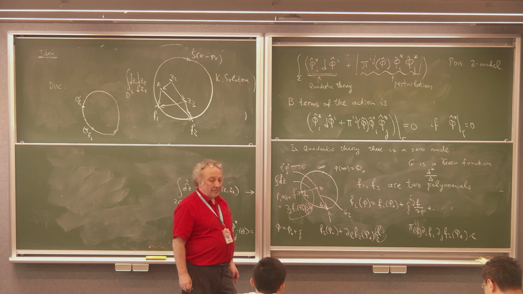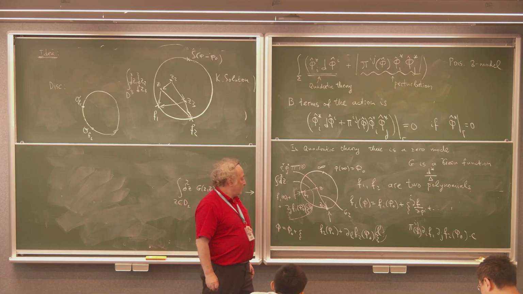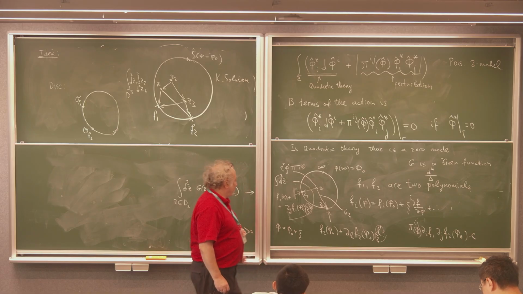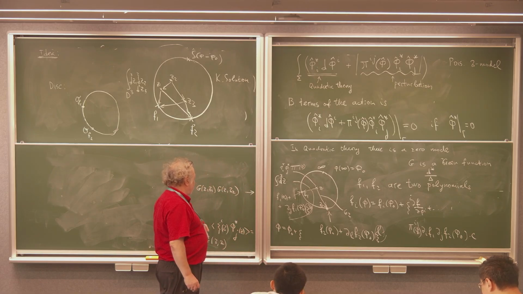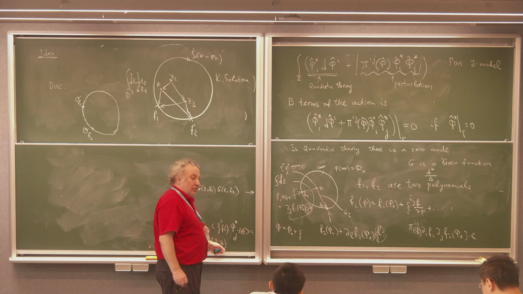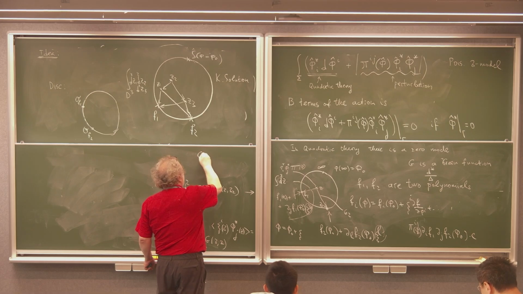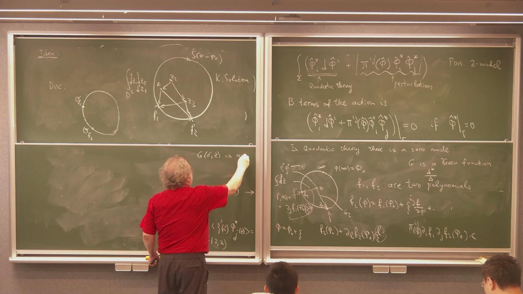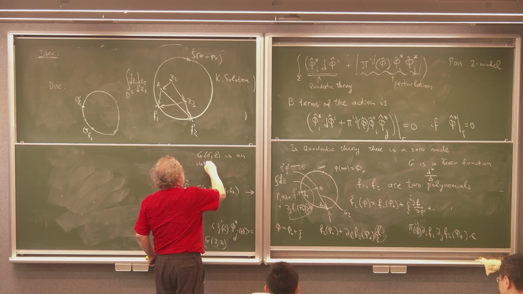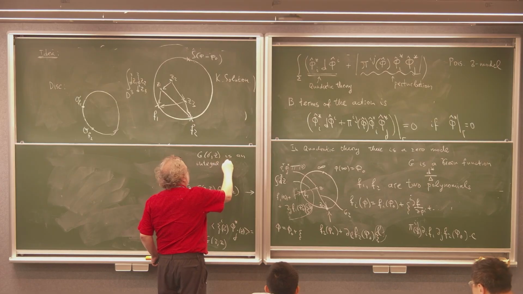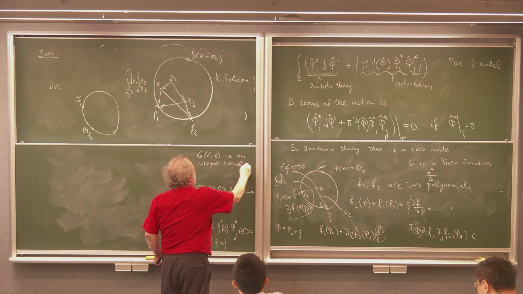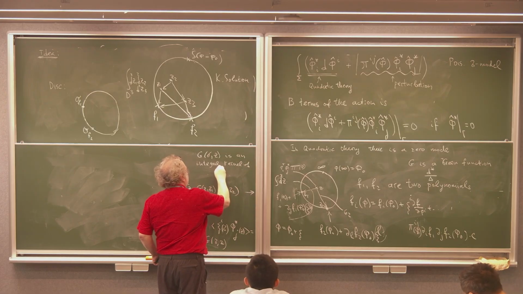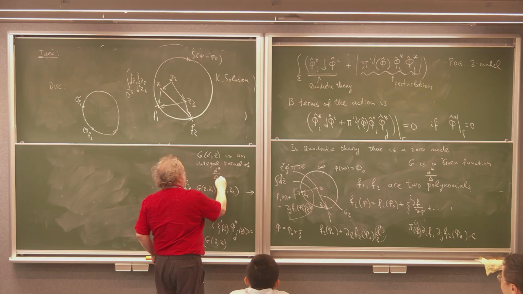So, do we have a definition of this correlator? Because we are using Green functions as a technique to calculate this correlator. So the definition of this correlator is a Green function. G of sigma, z is an integral kernel of the operator, B star over the Laplacian.